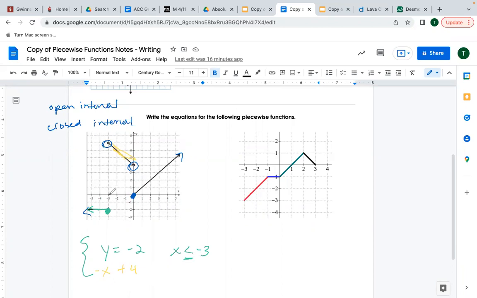Well, it's happening from -3 to 0. I'm going to use a different color so you can actually see this. From -3, you're going to put the x in between, to 0. Now, notice how I didn't put any lines underneath. That's because it's an open interval. So if it's an open circle, no lines. If it's a closed circle, there is going to be a line. So that's -x plus 4.